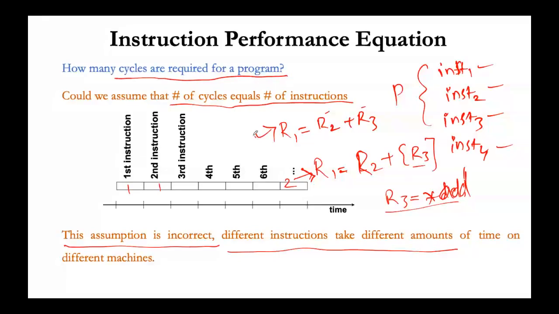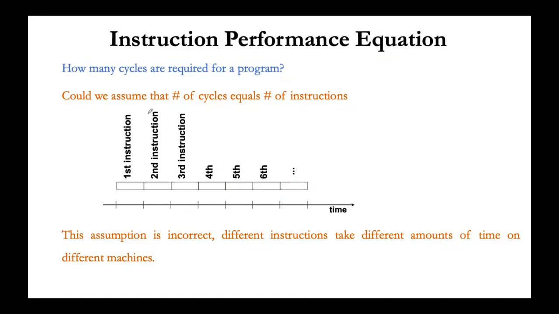Another point is, if these two instructions are executed on two different machines, machine A and machine B, for A it may take only 1 plus 2, 3 clock cycles. For B, if it is slower, it may take 4 clock cycles.